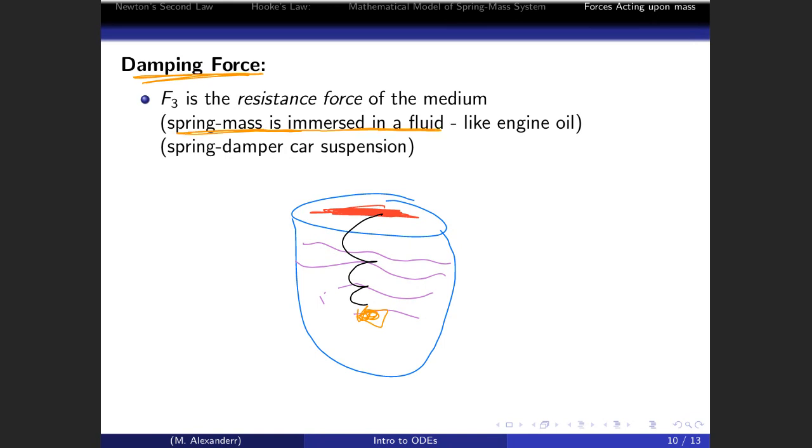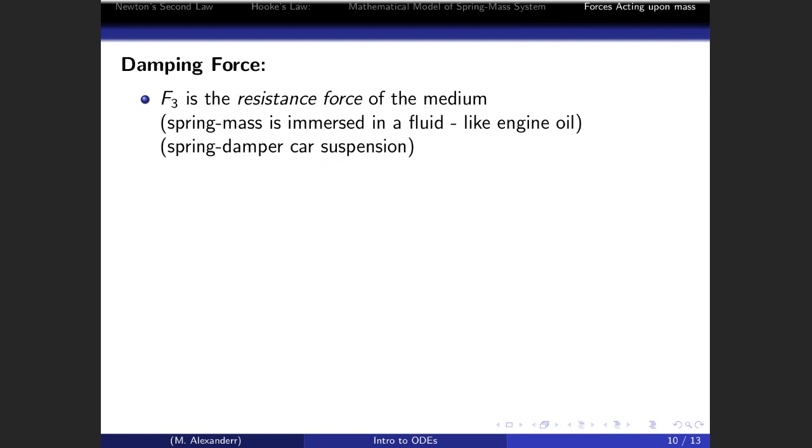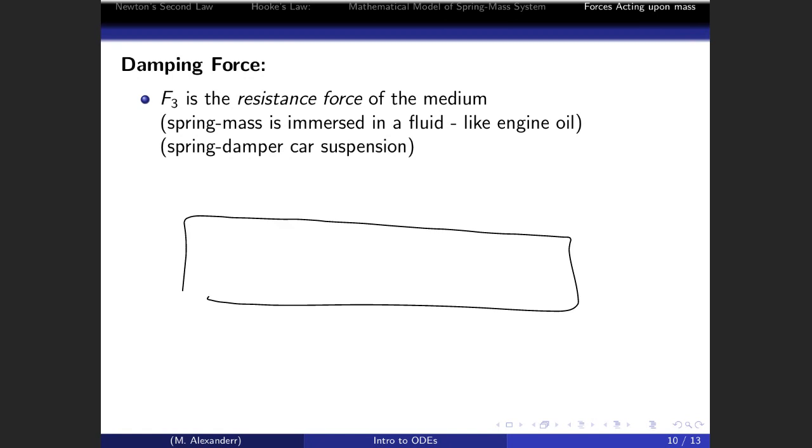Now there is another type of damping force, which might be a little bit more familiar to you if you know a little bit of car mechanics. Let's just draw a very simple car, a very ugly car. You have the two tires here.